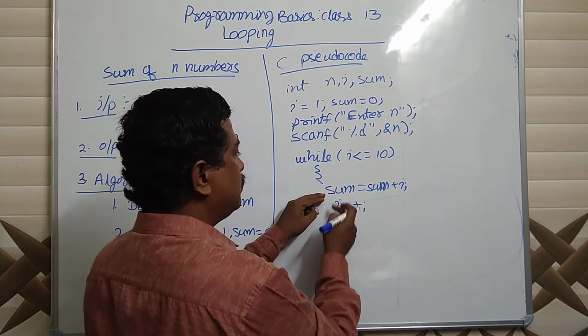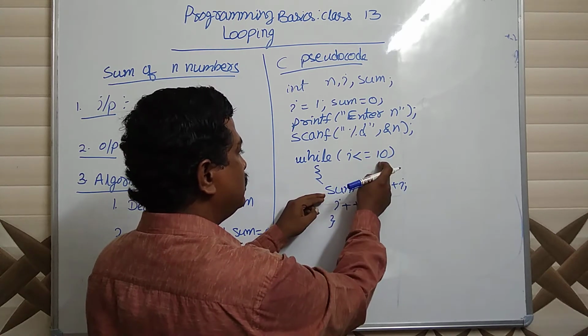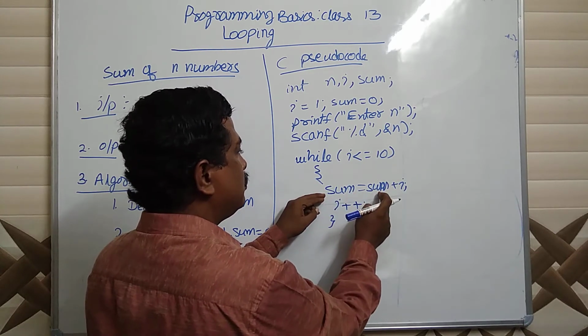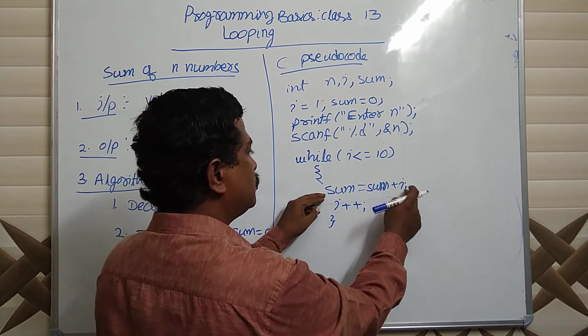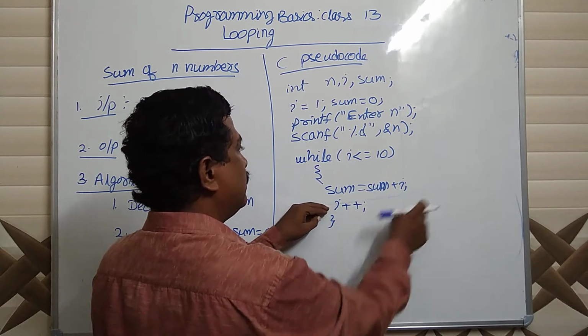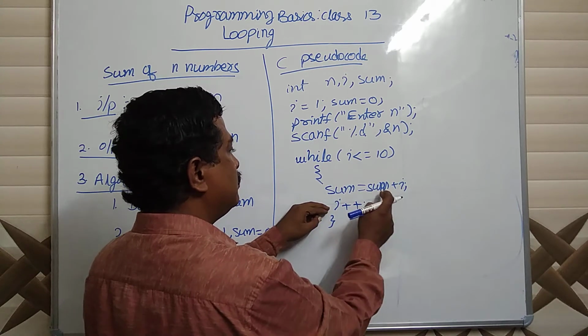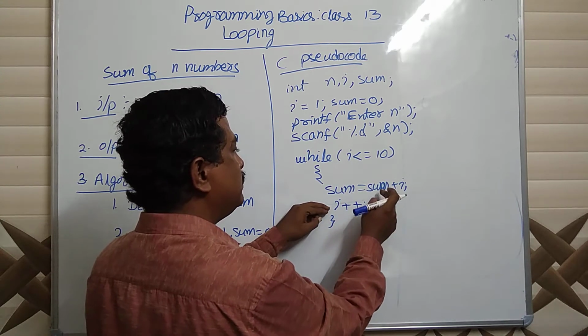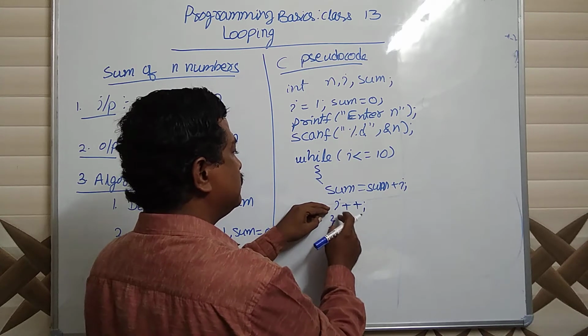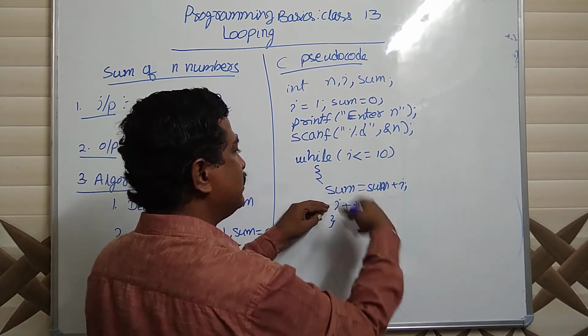Now sum is 1, then I equal to 2, condition true, so sum equal to previous value 1 plus 2, it is 3. I value becomes 3, condition true, less than 10, so previous value is 3 plus 3, 6, I value becomes 4. Like that it will come.